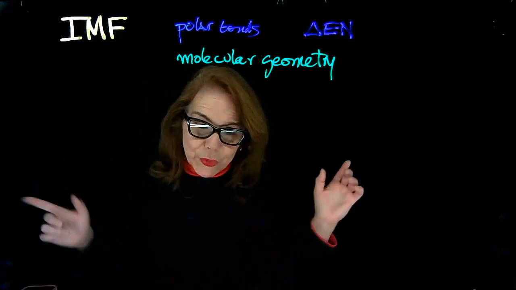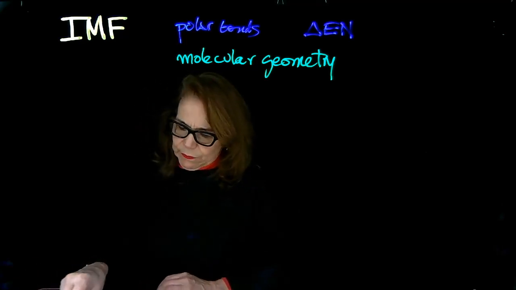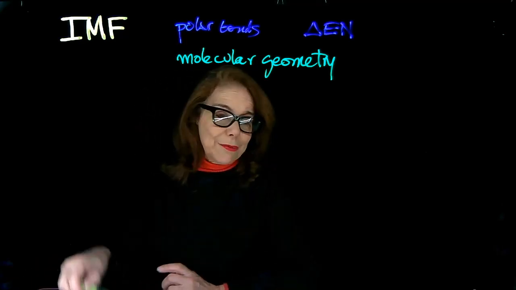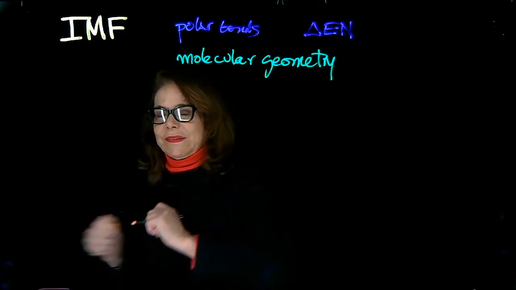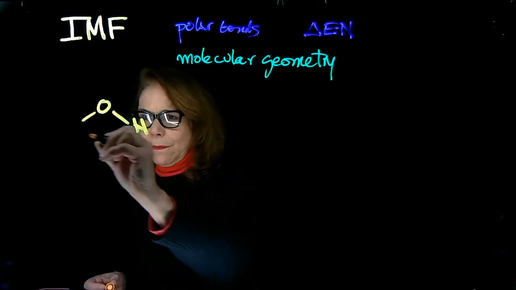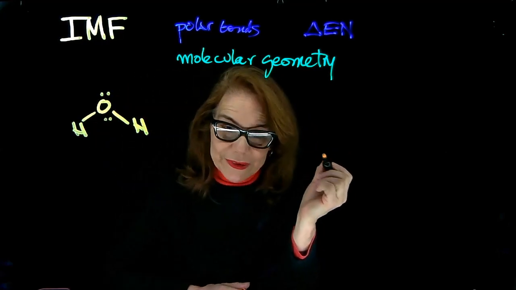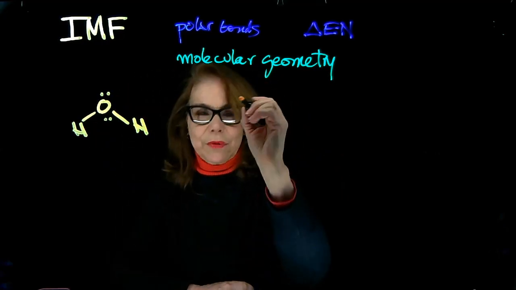Again, it's reviewing something from your Gen Chem. So let's get to a few molecules that I'm sure you saw in your Gen Chem. Let's talk about water, for example. Oxygen, we know where that is in the periodic table, but let's remind ourselves.